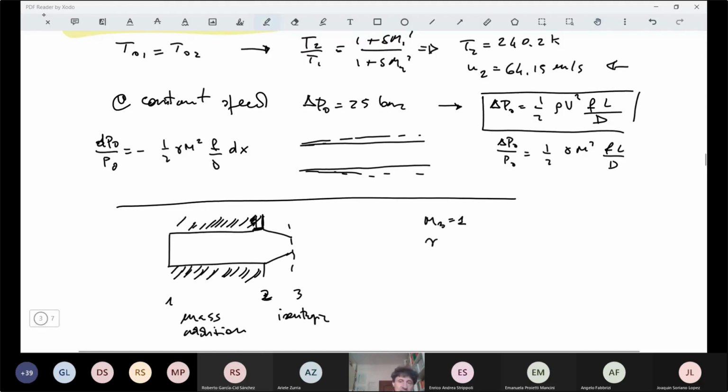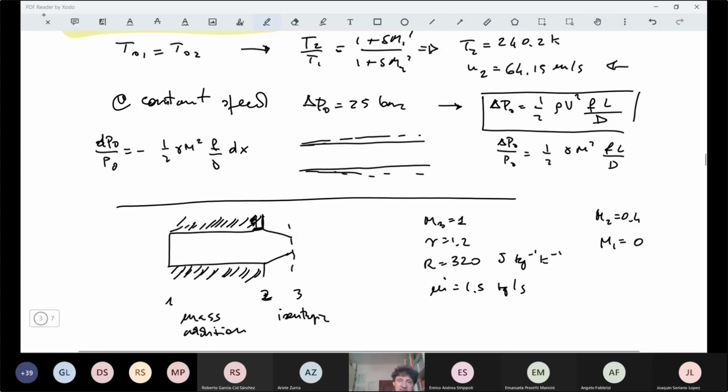We consider gamma 1.2, R is 320 joules per kilogram Kelvin, mass flow rate is 1.5 kilograms per second, M2 is 0.4, and M1 we consider 0.